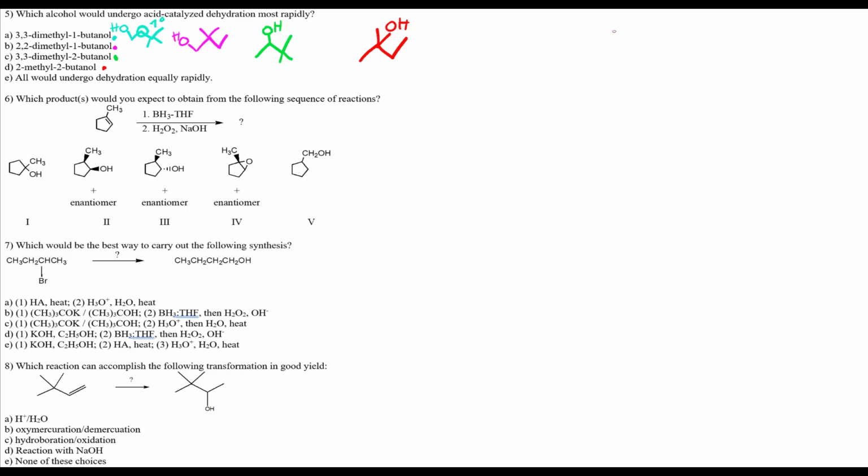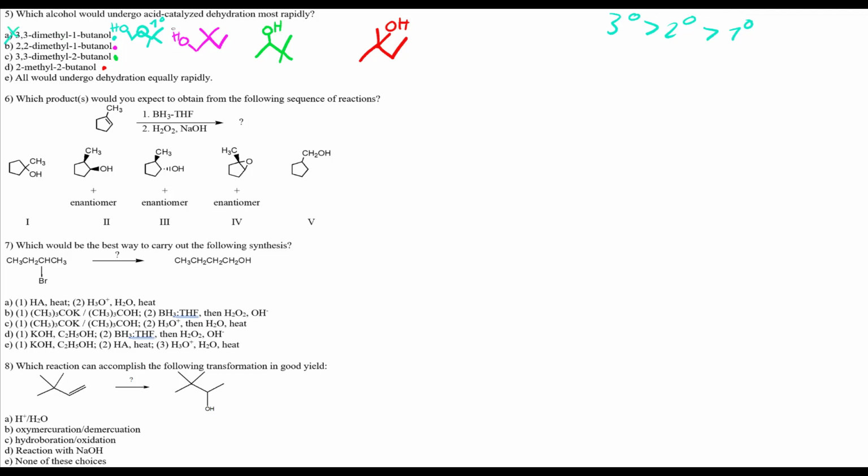And the trend that you need to know is that a tertiary is faster than a secondary, and a secondary is faster than a primary alcohol, right? Okay. Primary means that it's the slowest, so A would be wrong.